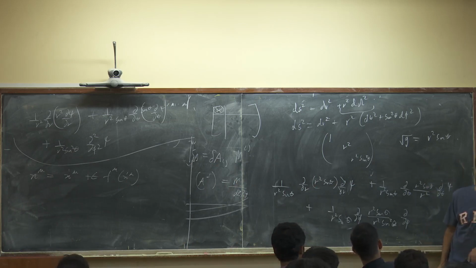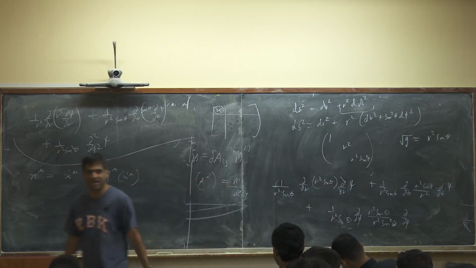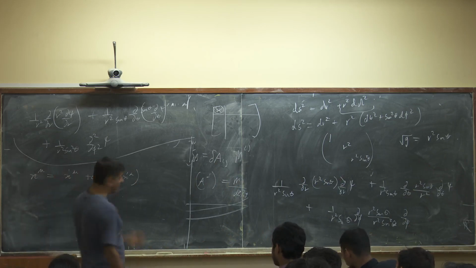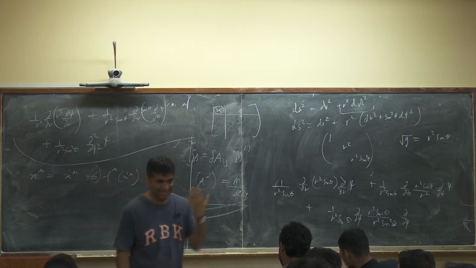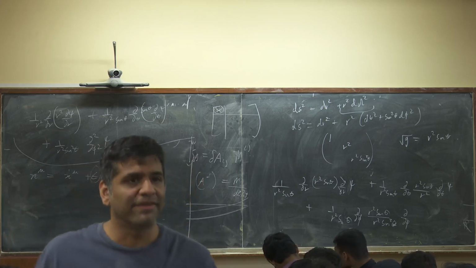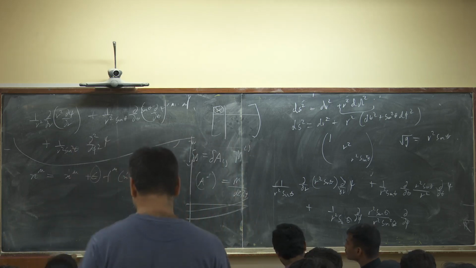The most general coordinate change is that x mu is an arbitrary function of x prime. But if it's going to be a small coordinate change, then it is x prime plus something small. We're only going to work to linear order in this epsilon. That's what I mean by small. The coefficient of this is an arbitrary function of x prime.